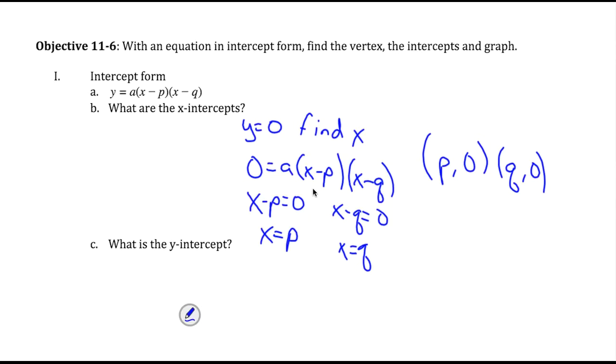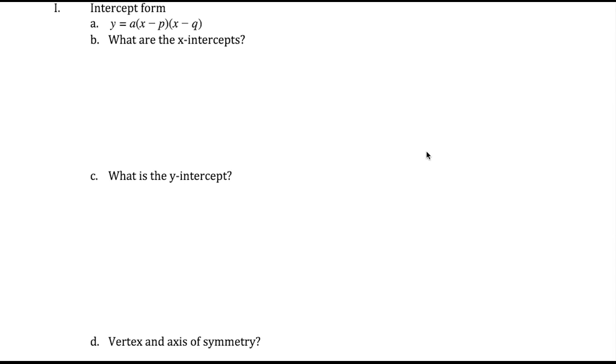It's called intercept form because the x-intercepts are given to you. The y-intercept, guys, there's not much that we can do to help us here.